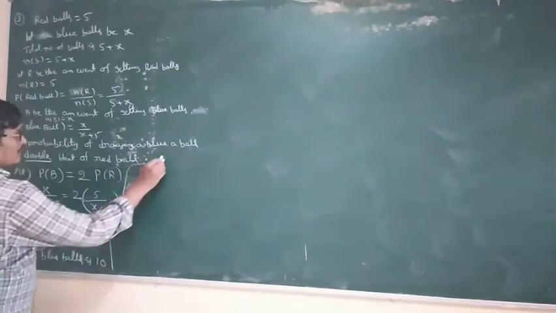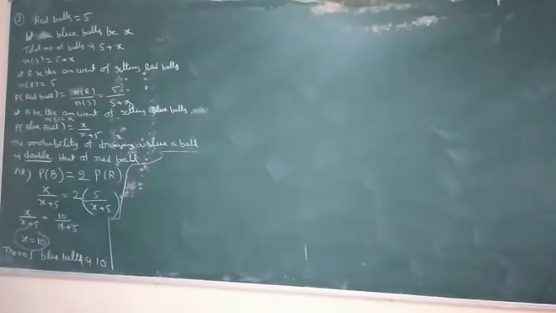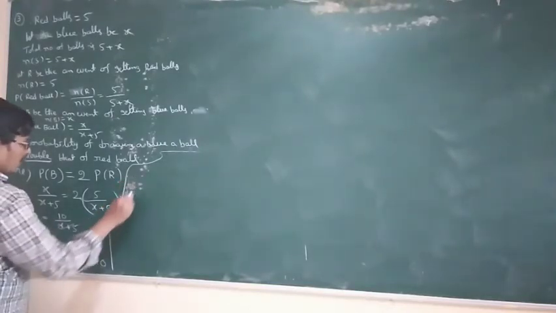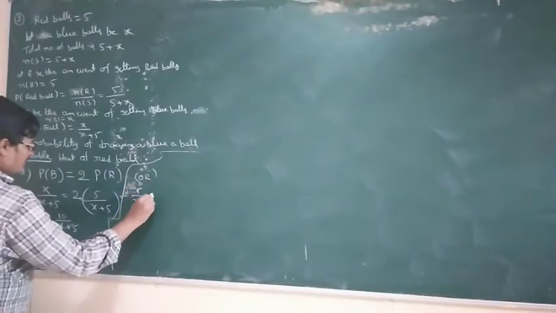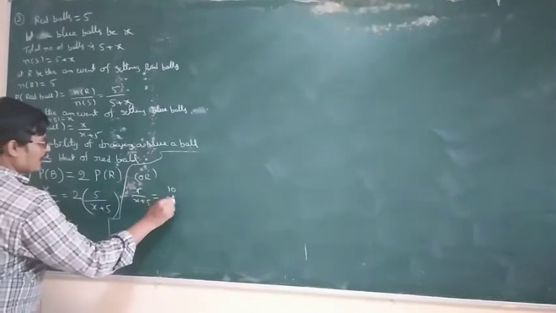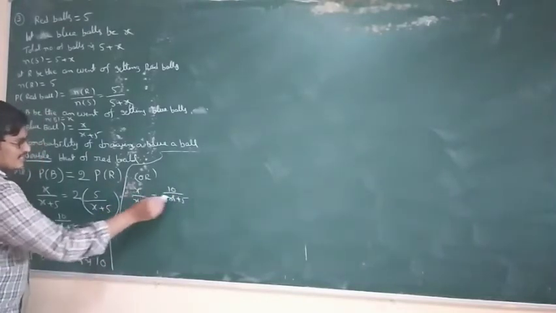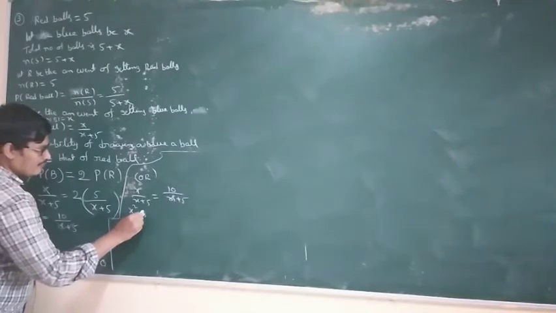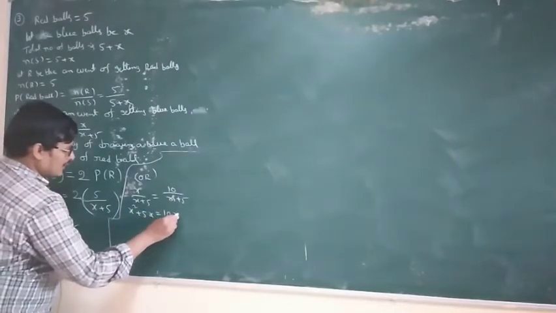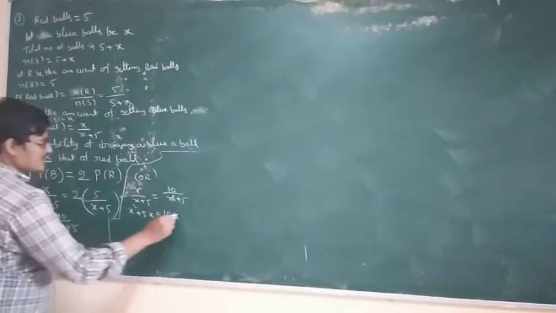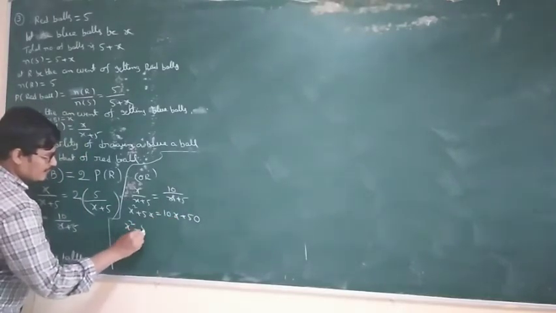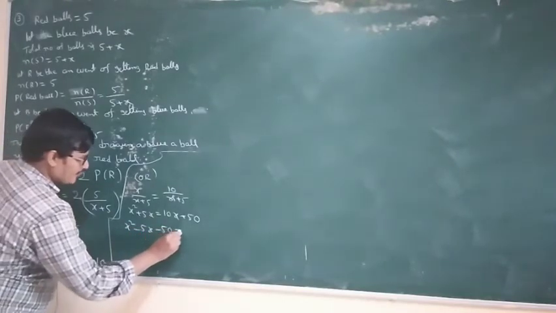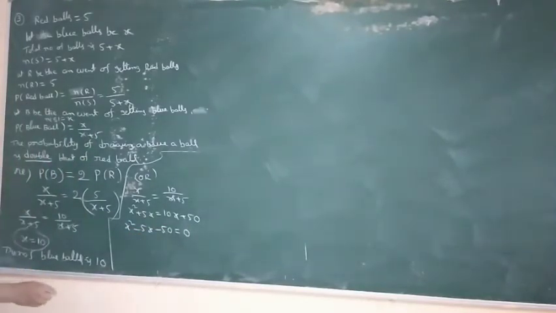So it should not be cancelled directly. Or x by x plus 5 is equal to 10 by x plus 5. Cross multiplying, x square plus 5x is equal to 10x plus 50. x square minus 5x minus 50 is equal to 0.